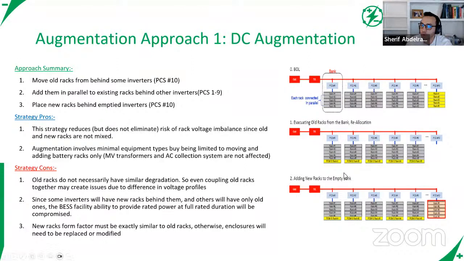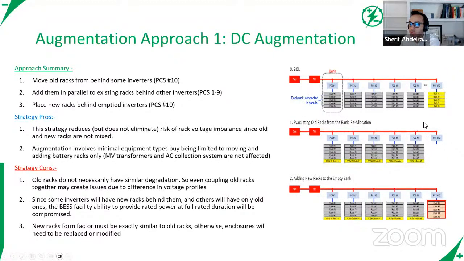Either in the beginning of the project, they assume they're going to have DC-DC converters behind each inverter and on each rack. So on top of each rack, you have a DC-DC converter. So really, that rack could have whatever voltage profile it wanted because that DC-DC converter is taking care of the voltage imbalance between all racks that are connected to a common inverter.